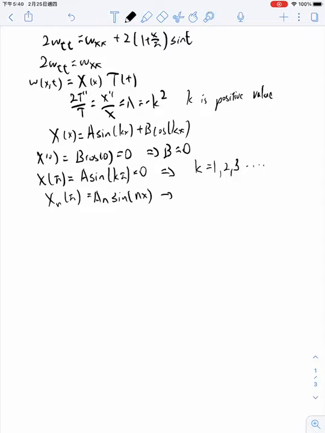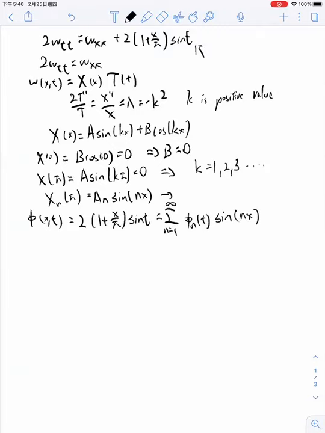Then we use this eigenfunction to expand the non-homogeneous part. I use V to represent the non-homogeneous part. You can use a series of sine nx to represent the same function.